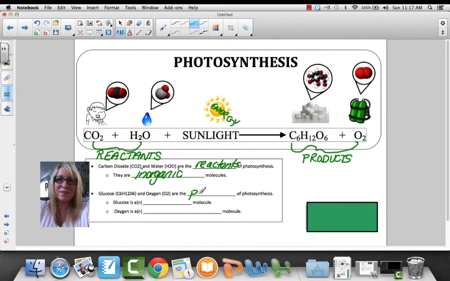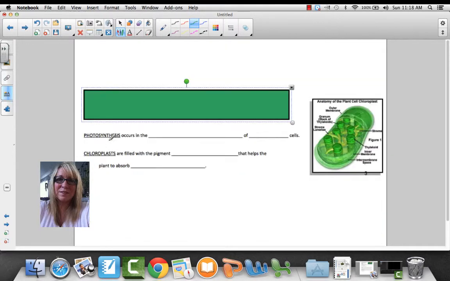Glucose and oxygen are the products. And we see glucose here has carbon and hydrogen, so this is called an organic molecule. And oxygen is considered inorganic. Photosynthesis can occur in the leaves of plant cells.